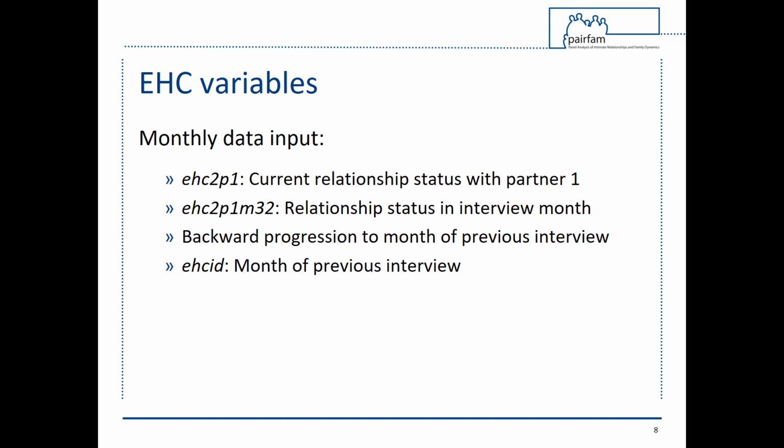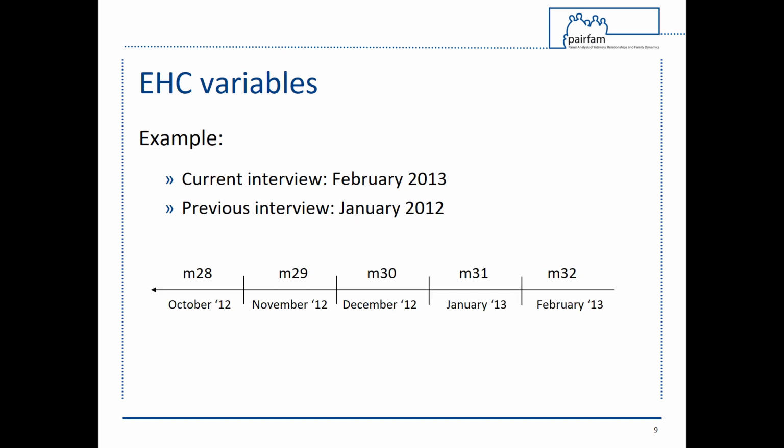Data users often ask why month 1 contains missing values, assuming that month 1 represents the month of the previous interview. After listening to this tutorial and/or reading the available pairfam documentation, you will correctly understand how the information from the EHC is stored. Let's illustrate this with an example.